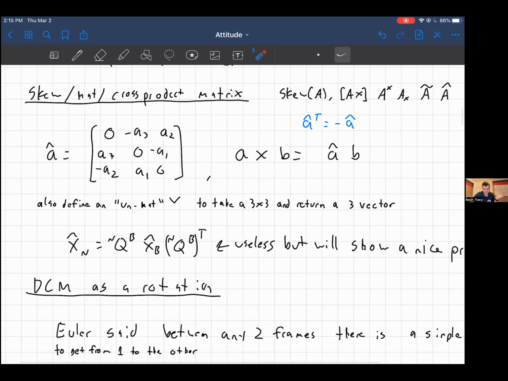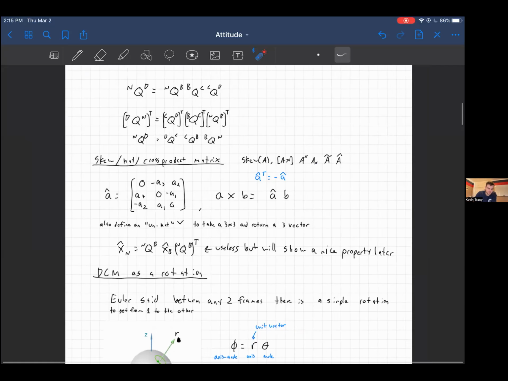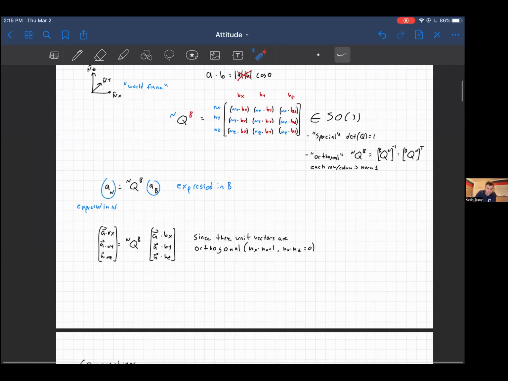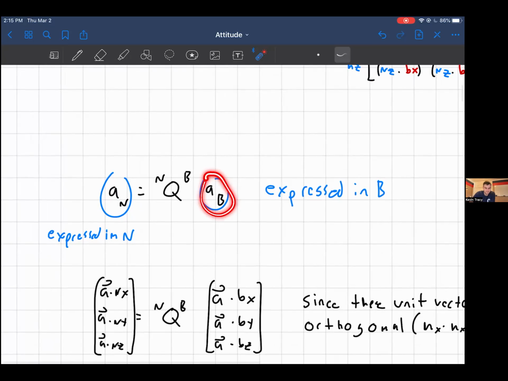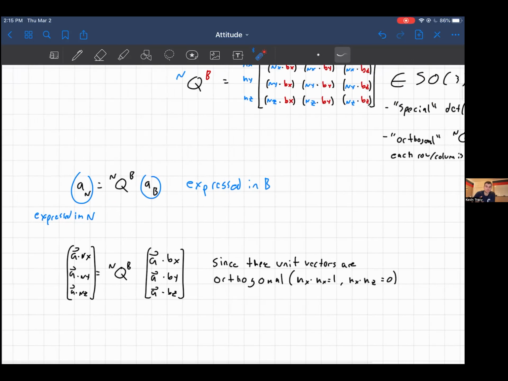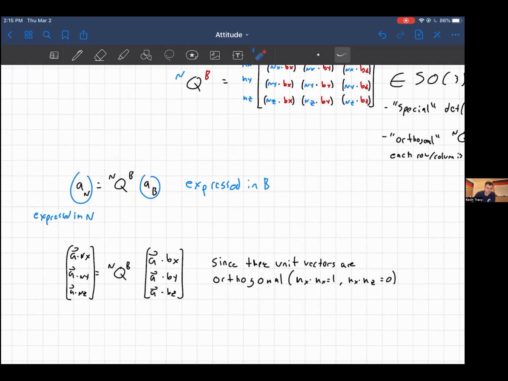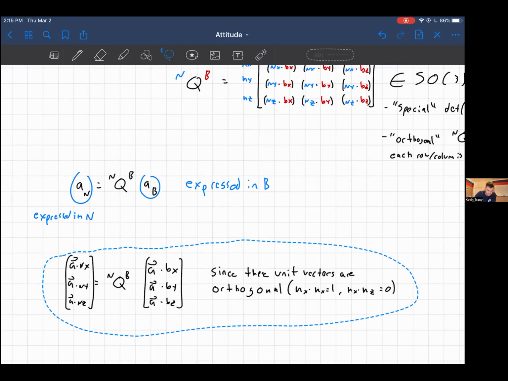The reason this stuff is interesting is that here is another way to write something down. Originally, what we said about these rotation matrices is that if I have a vector expressed in B, here's my rotation matrix NB, and I can use this to get AN, right? So this is a 3x3 matrix times a 3x1 vector, which is super fast to compute. Alternatively, but equivalently, I can also do this, and I'll write it down just under here.